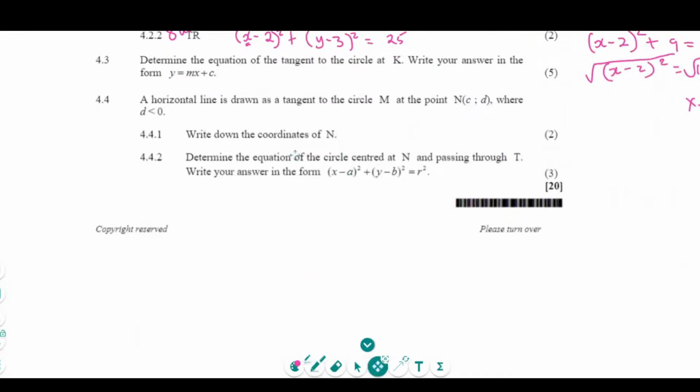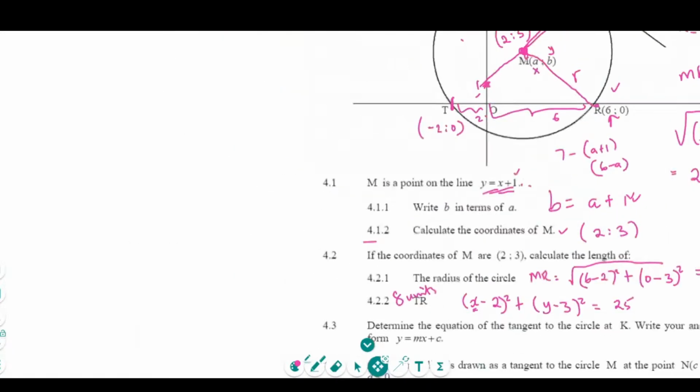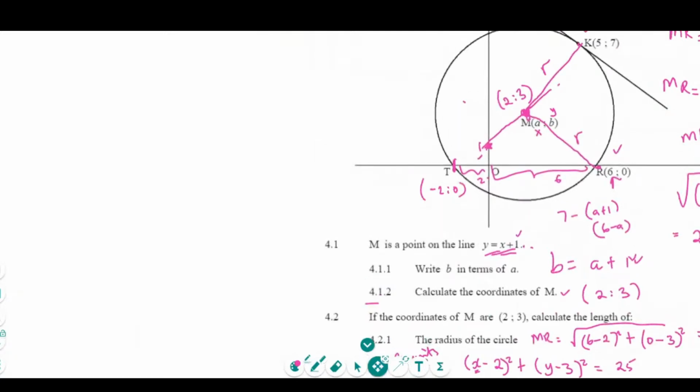Gradient of MK. So m of MK, we said change in y over change in x. So that is going to be 7 minus 3 over 5 minus 2. That's going to give us 4 over 3.